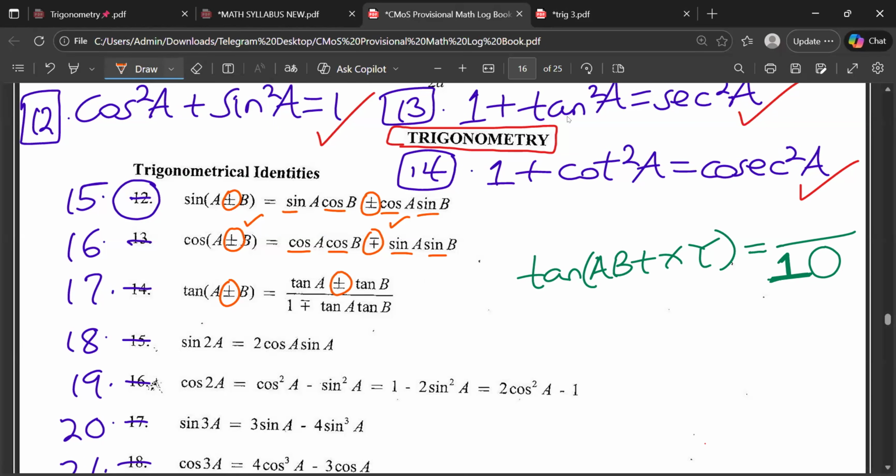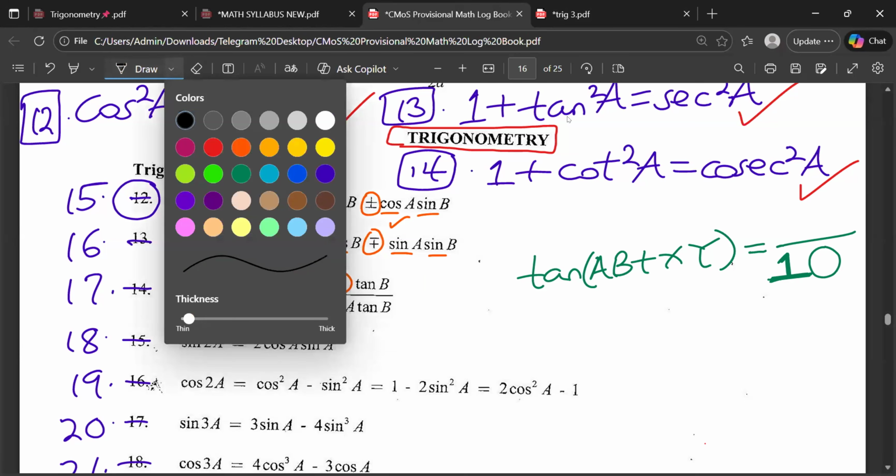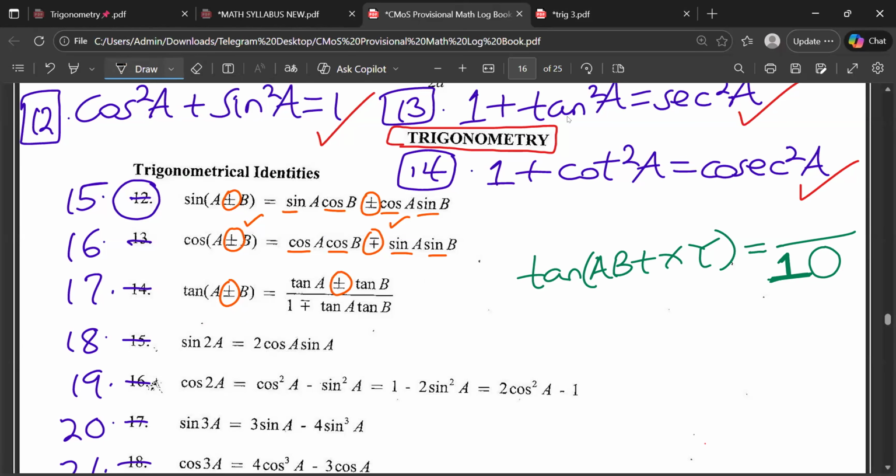But since tan is sine over cos and cos is down, and cos deals with change of sign, you also see that down we have minus plus, meaning we have to change signs. But we shouldn't forget it is tan, then 1, then tan. We just need to repeat them the way we've been doing them and you'll be good to go.